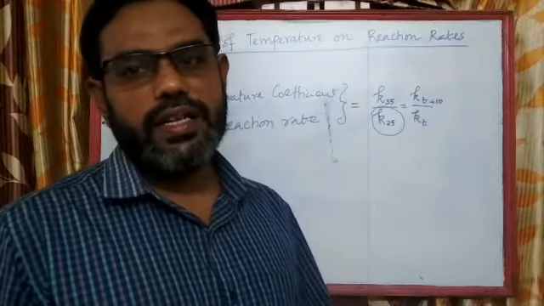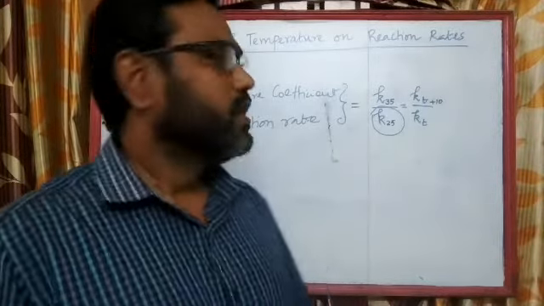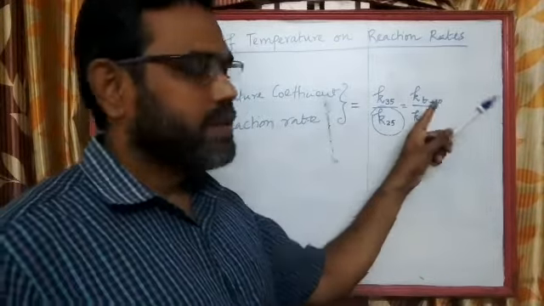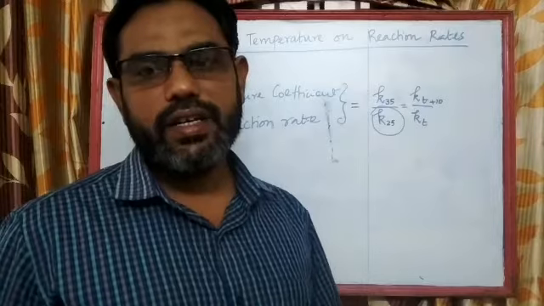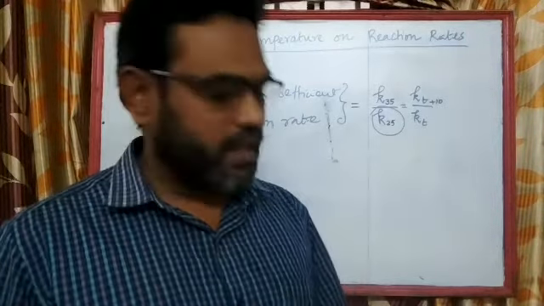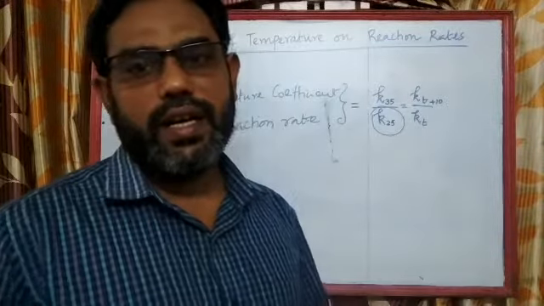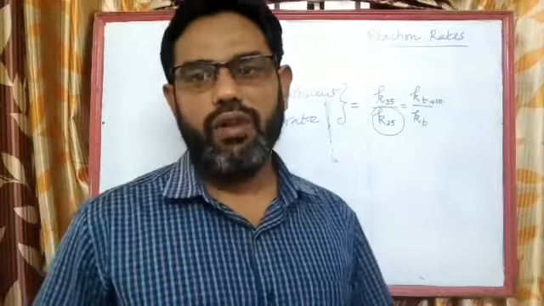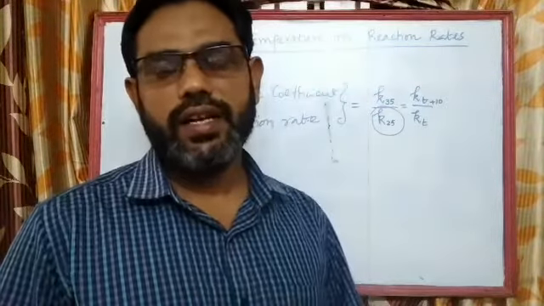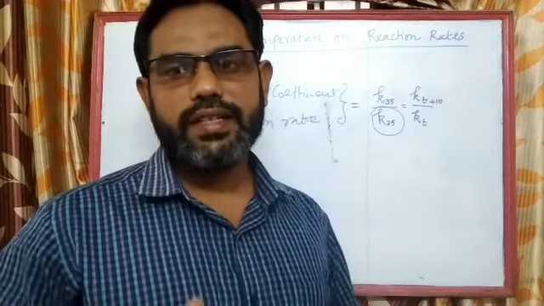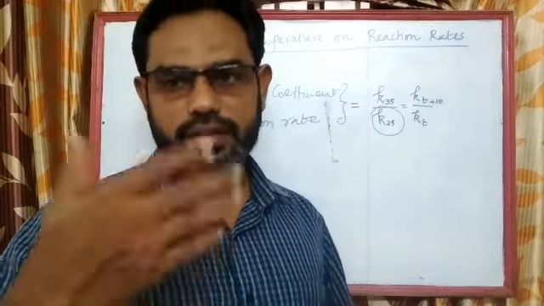So the ratio of rate constant of specific reaction rate studied at T and T plus 10 degrees centigrade is called temperature coefficient of reaction rate. How much does the rate increase for just a 10 degrees centigrade rise? It is wonderful and astonishing to know that just by rising 10 degrees centigrade, the chemical reaction rate gets doubled or tripled.